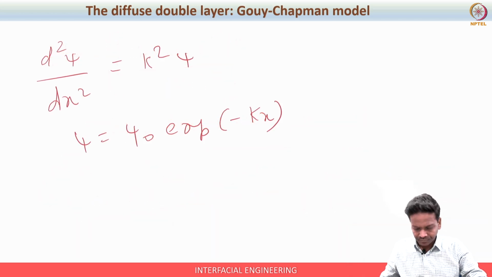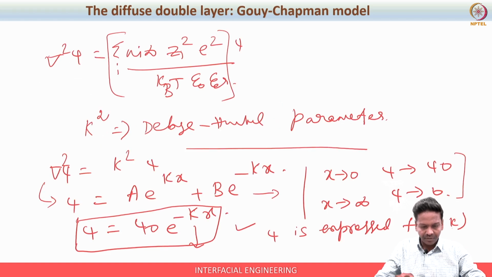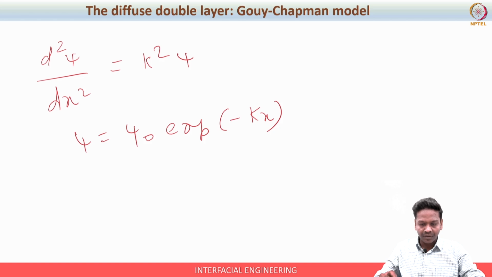Yeah, so there is some correction over here. Here we have obtained the equation as a function of distance and electrolyte concentration. For this problem, we have chosen a one dimensional equation.